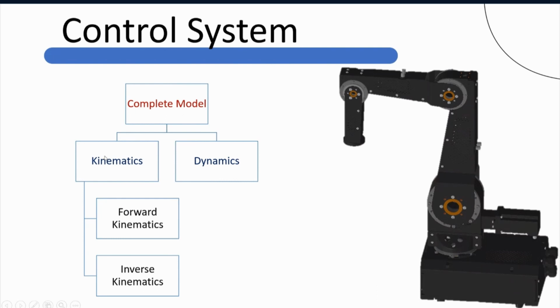Kinematics deals with the geometric relationships between different joints, and it is divided into two parts, forward kinematics and inverse kinematics. And the dynamics deals with forces and torques in order to actuate these joints here. The most important thing is that we have to do kinematics modeling first and then go for the dynamics, because in order to achieve dynamics, many parameters and information have to be taken from the kinematic model.